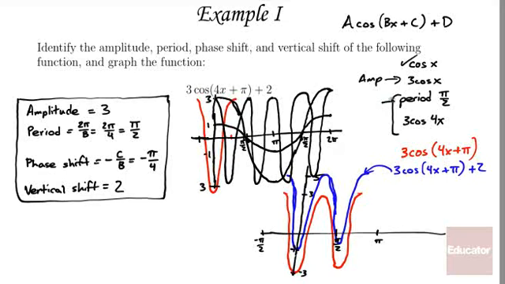You introduce the period, which compresses it horizontally. You introduce the phase shift, which takes the whole thing and it moves it to the right or the left. And finally, you introduce the vertical shift, which takes the whole thing and moves it up or down.